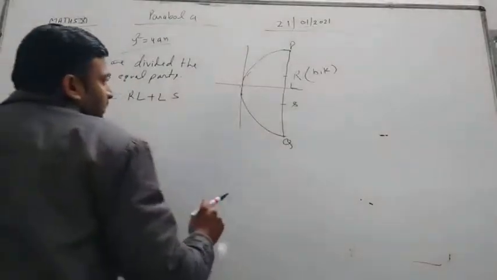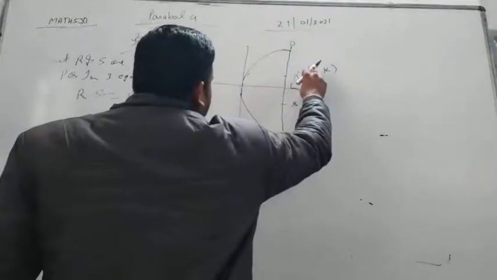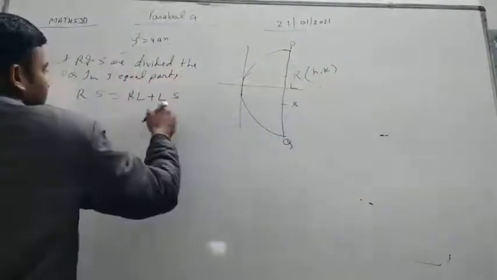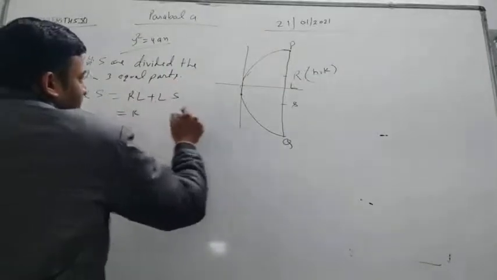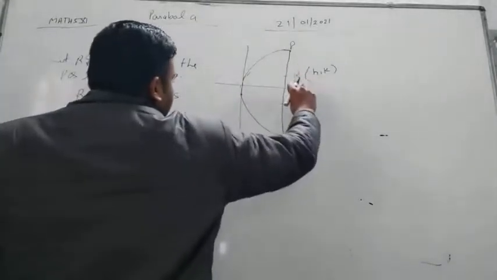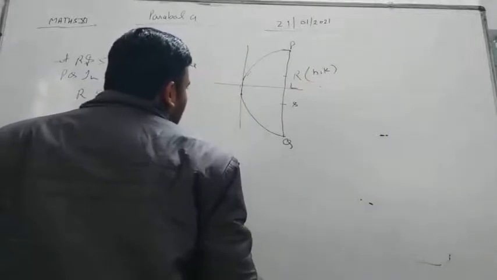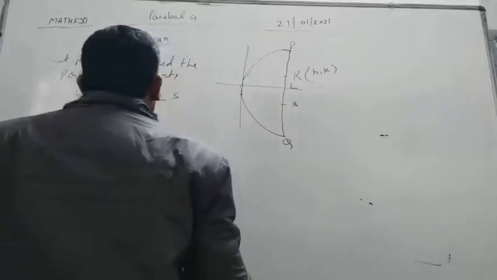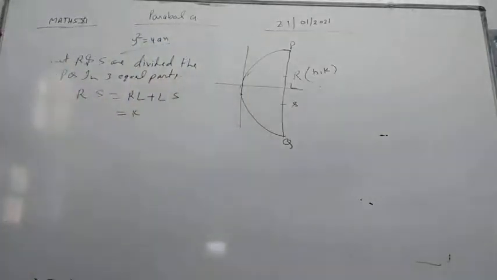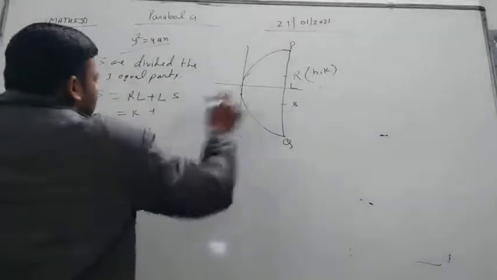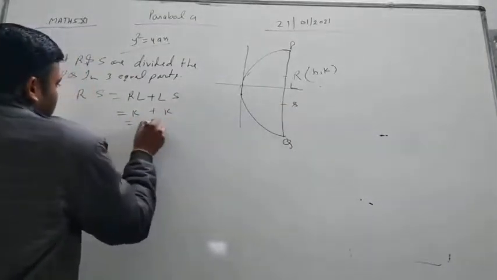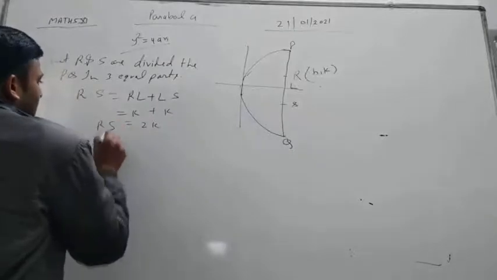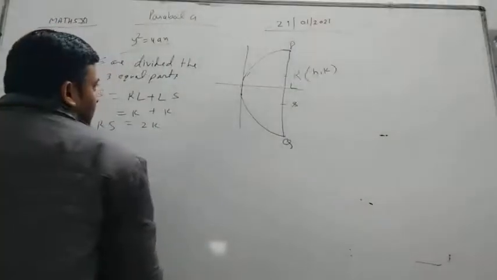And you know that this RL is equal to k and this LS is also equal to k, so RS is 2k.